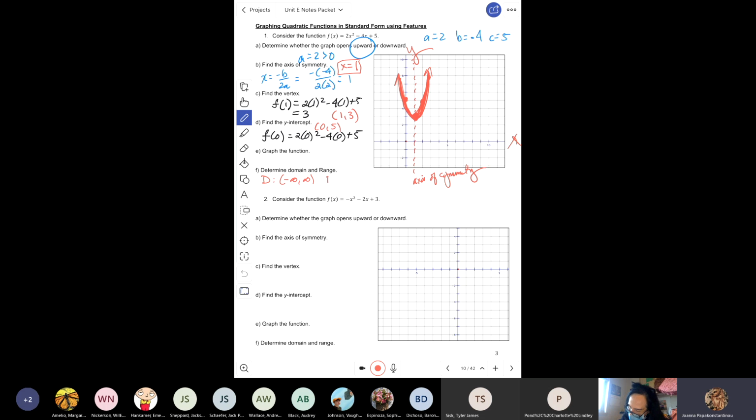And what is the range of this function in interval form? What is the min? This is our vertex, which is a min. What is the smallest value? 3. That's 3 to positive infinity, right?